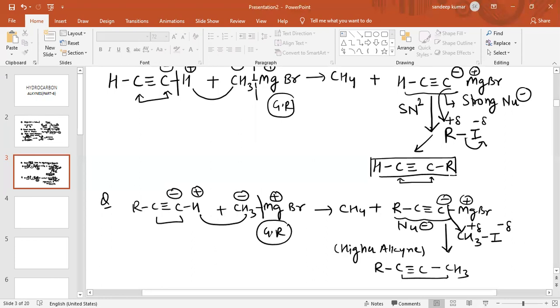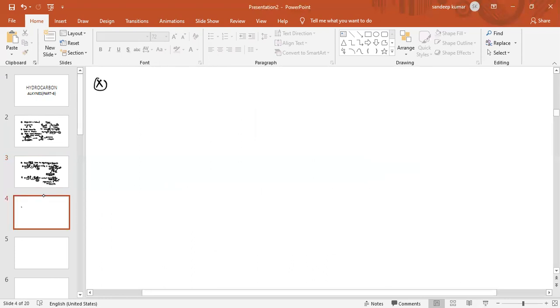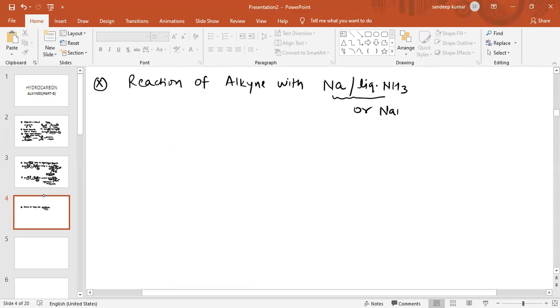Now see some more reactions: the reaction of alkyne with sodium and liquid ammonia. We can also say this reagent is NaNH2, where NH2 carries a negative charge and sodium carries a positive charge.